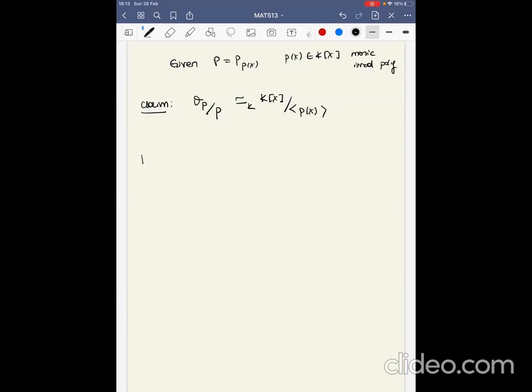To show the proof of this claim, let me consider a non-trivial K-linear map, which is in general also a ring homomorphism.